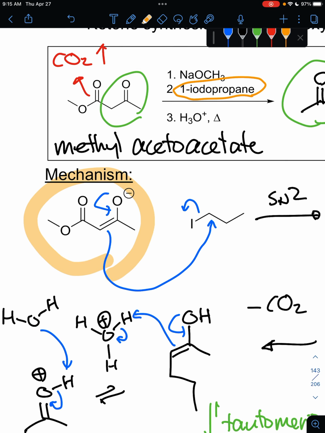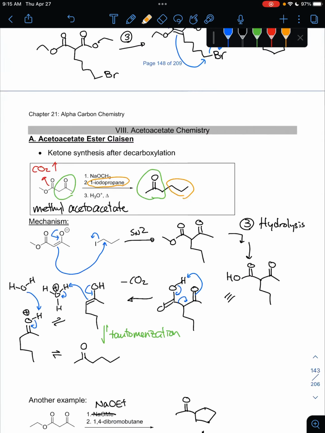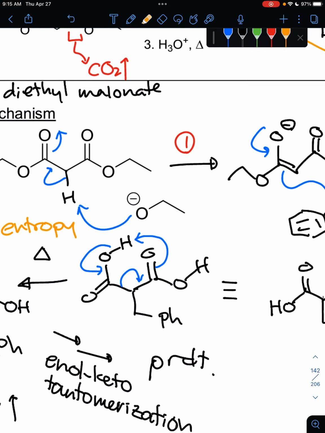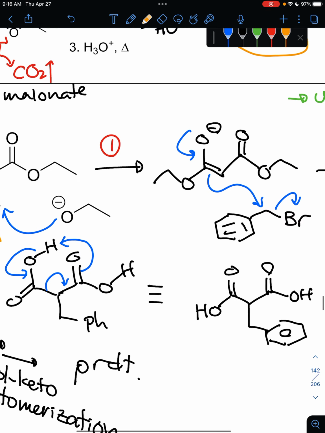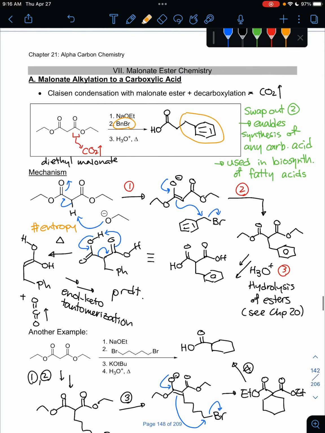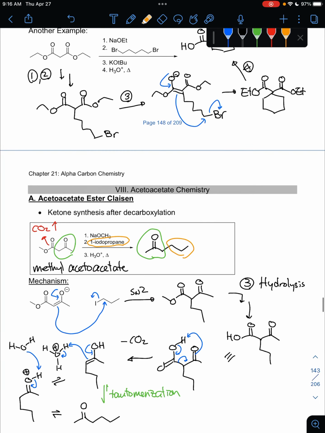I want you to make the contrast, right? For this enolate, I skipped the first step where the alpha proton is removed by the alkoxide. This enolate would be formed just like this malonate enolate is formed, same chemistry.